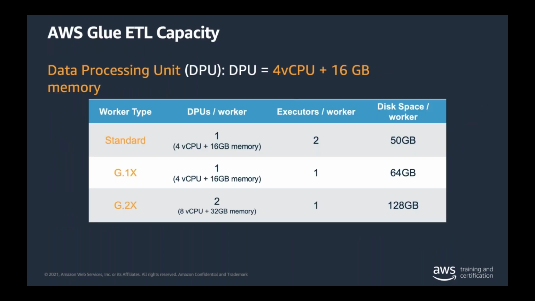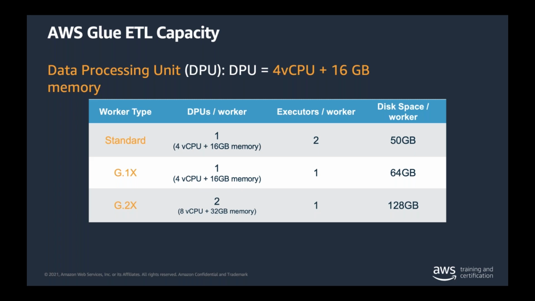And to estimate how fast or slow your job will perform on Glue, you must predefine the amount of resources allocated for that job. You do this by specifying the number and the type of the workers for the job. Thus, it is very important to understand the correlation between worker types and DPU.